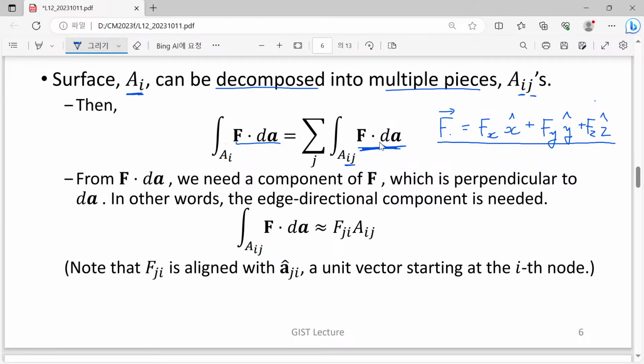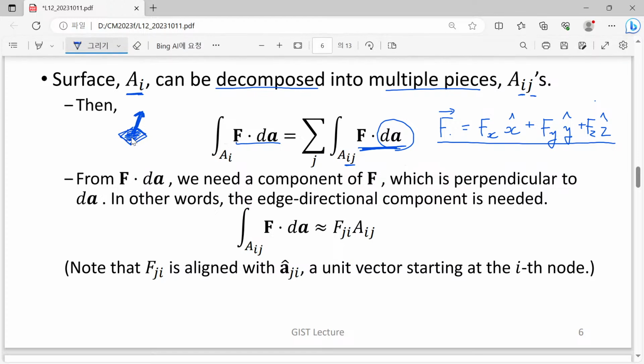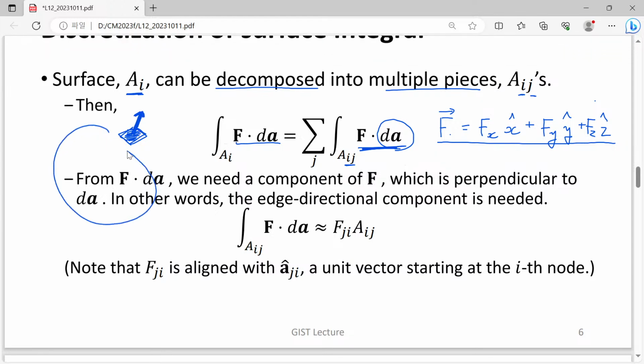However, here we have dA. What is dA? Here dA means an infinitesimally small area which is normal to our surface. So the scalar value corresponds to this infinitesimally small area, and the direction shows the normal direction of our surface.